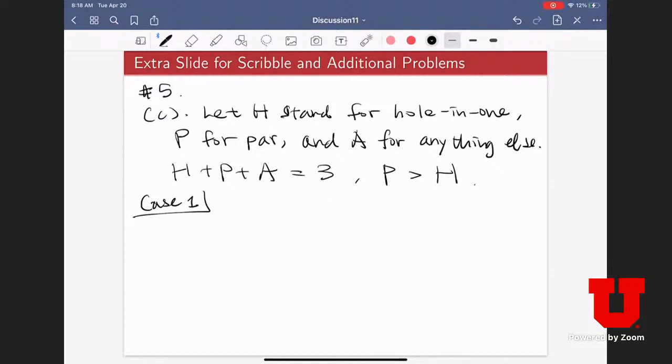If your P is 1, then there should be only one combination, right? 1 par, and since you want your hole to be less than par, then it should be 0 H, and then 2A, or 2 anything else. That's the only combination for when your P equals 1.